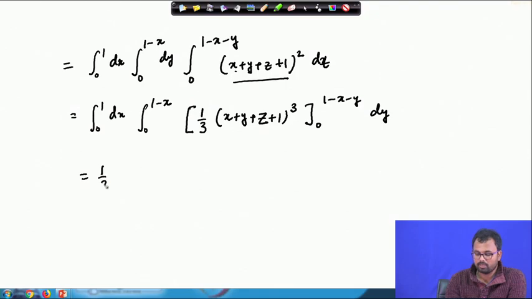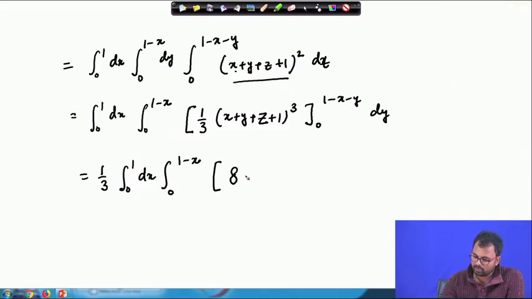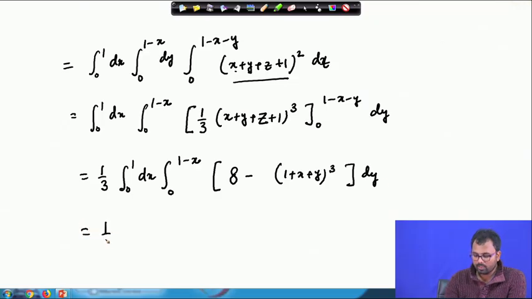Now I take 1 by 3 out, and then this one is 0 to 1 dx, and then this is 0 to 1 minus x, and now we substitute the value. So when z is 1 minus x minus y, then this will be basically 2, right? So 8 minus, when z is 0, then this is basically (1 plus x plus y) whole to the power 3 dy.